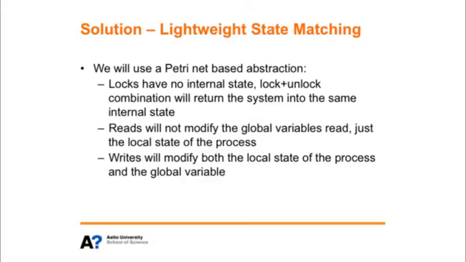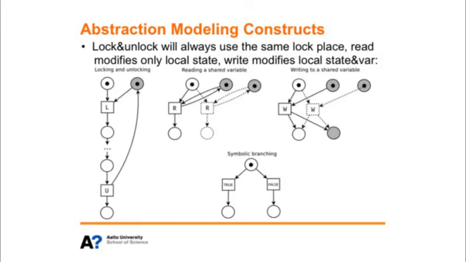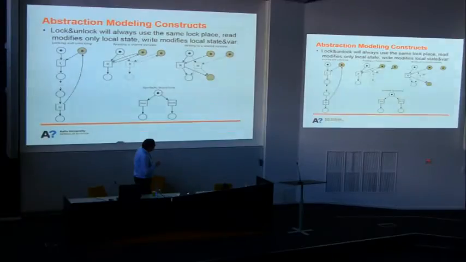So this is our abstraction. From the program, we do the locking as follows. So we have one place for the lock. This is what you've seen already before. So we unlock things. For reads, we actually know that the read doesn't modify the local variable, so we actually return the value of the read.